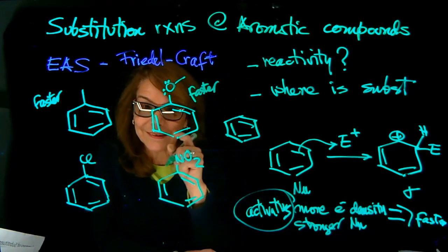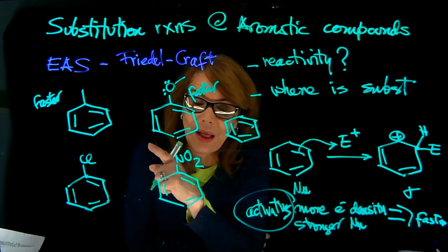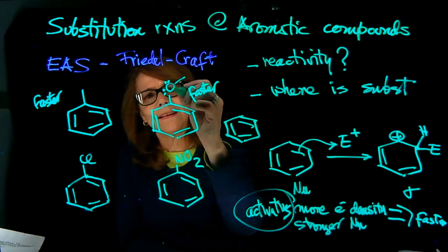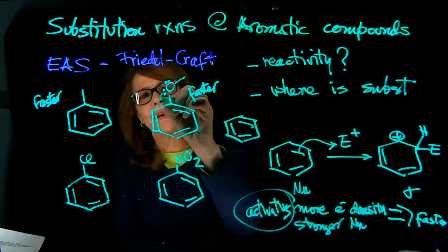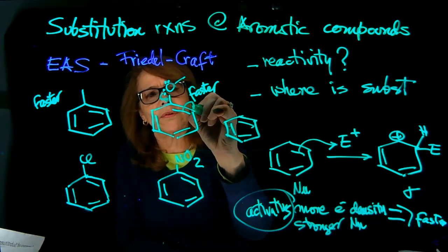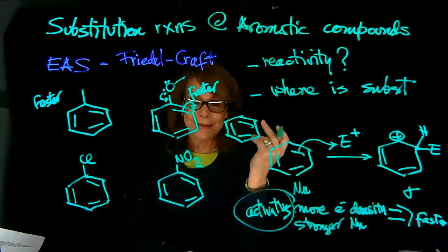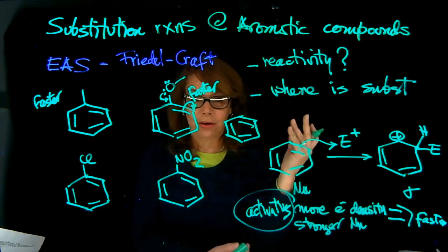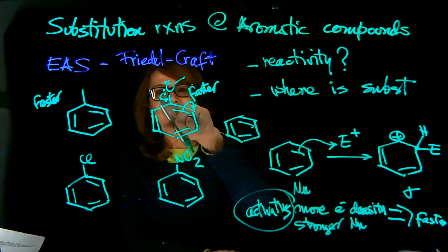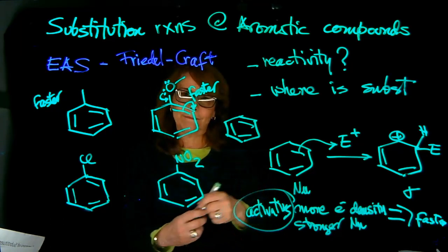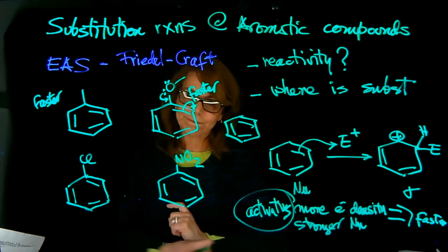So we're going to say that it is donating electron density to the ring. That's easy to understand if we look at the resonance structures, for example here, in which you can draw significant structures having all the atoms with complete octets, and you'll be placing negative charge on the ortho and para positions.